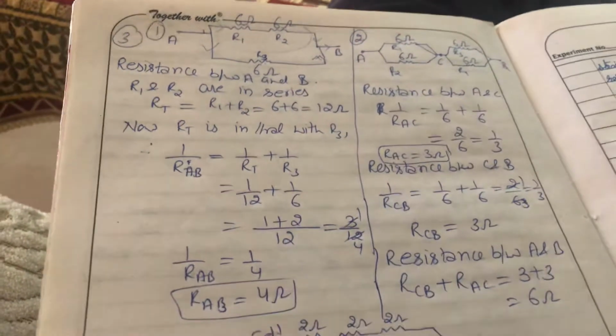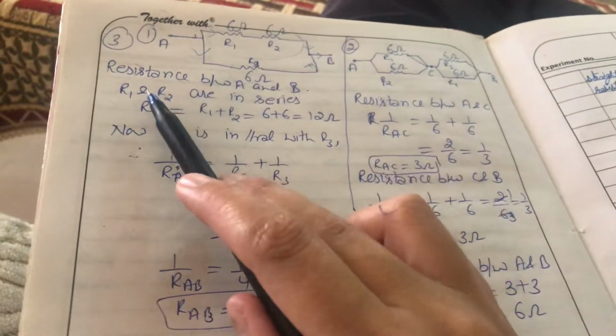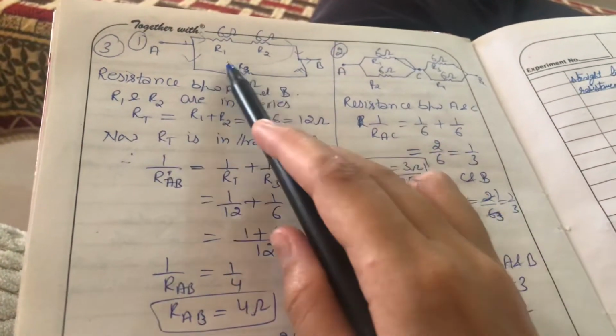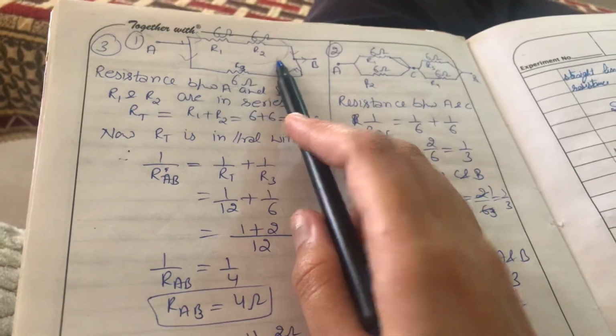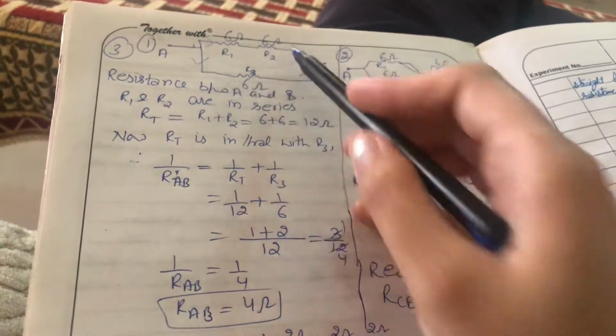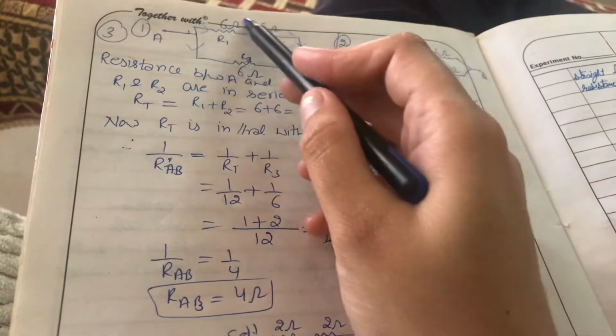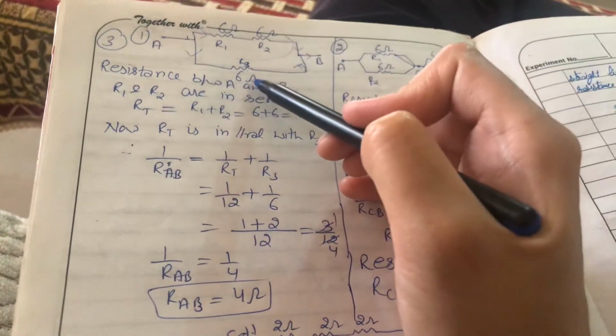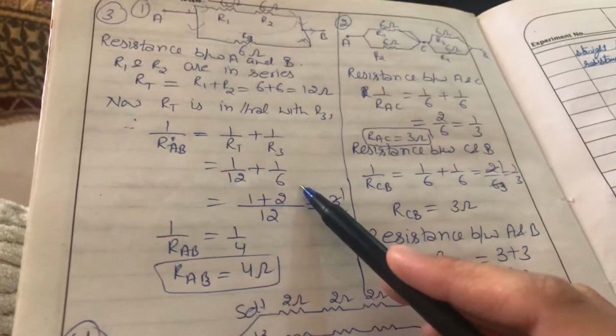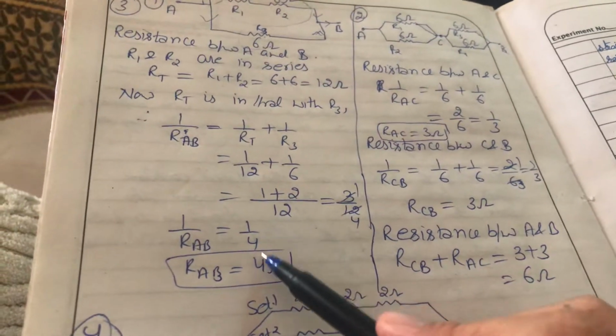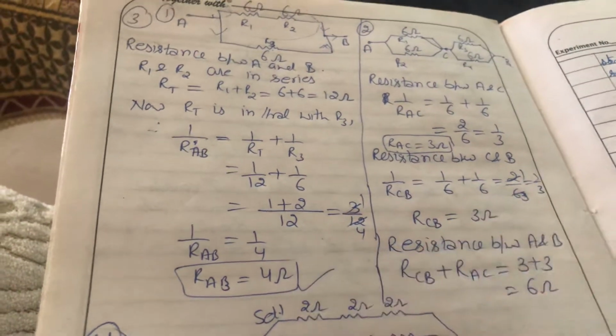So to find the resistance between A and B, the first thing is R1 and R2 are in series. So the total resistance here will be 6 plus 6, 12 ohm, and this total RT is in parallel with R3. So you will find the answer like this, and this is your final answer.